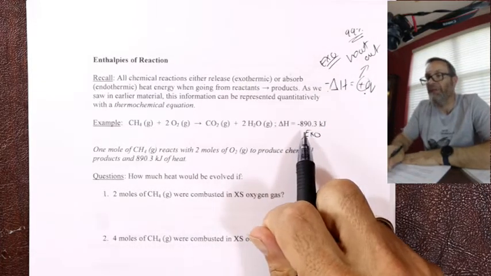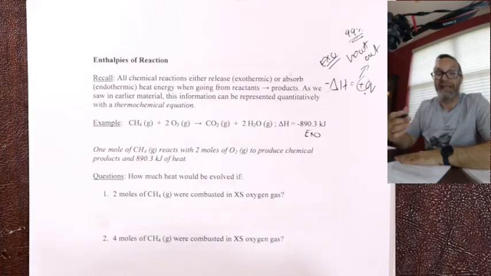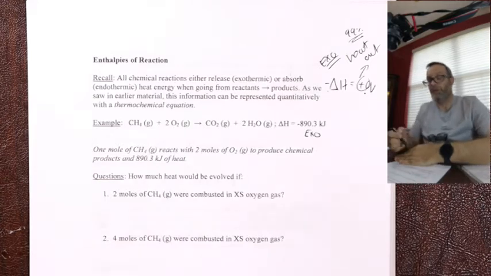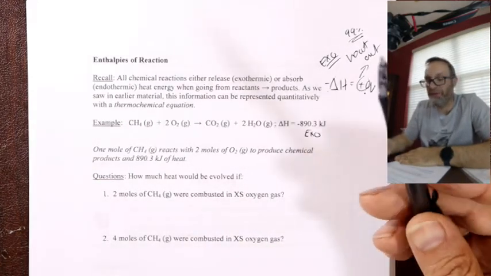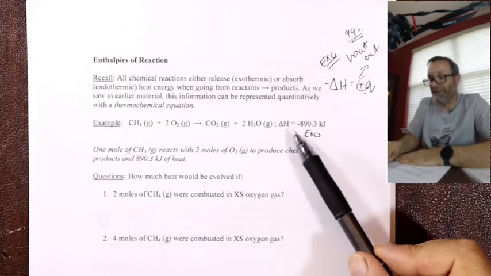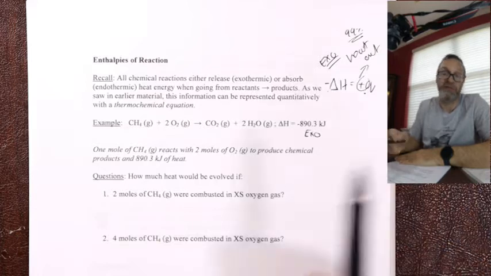So 99% of the time you'll have a negative delta H. There was a change, a loss of stored potential energy, which went to the surroundings, exothermic, okay? Now, there's a weird sign convention which I won't get into, right? Just take it as given that when delta H is minus, it's exothermic and the products have stronger bonds than the reactants.